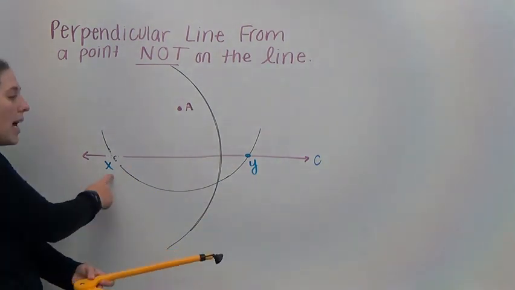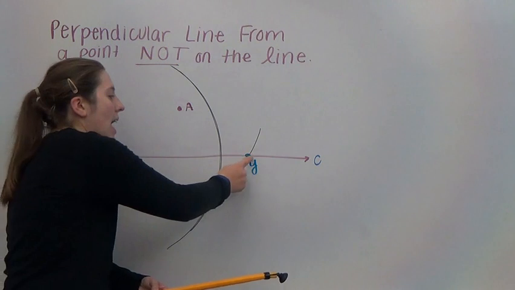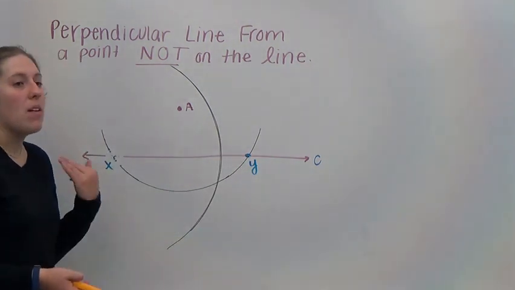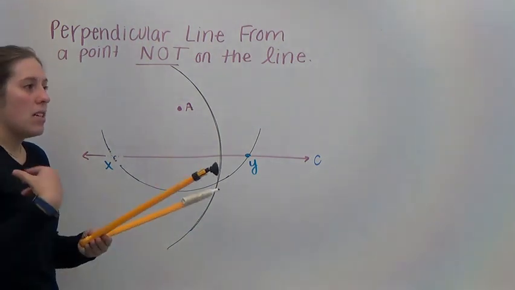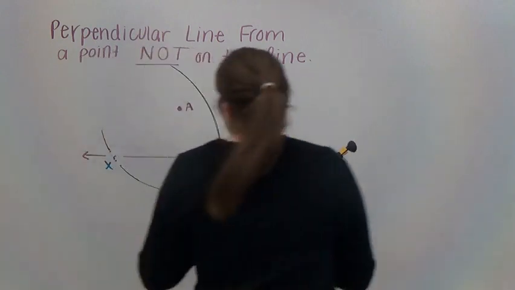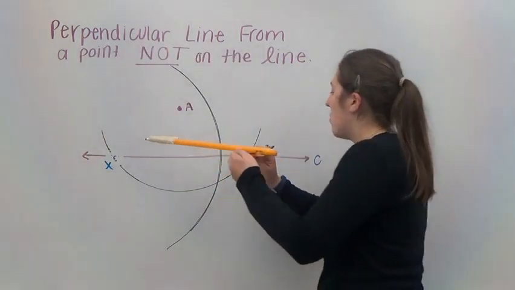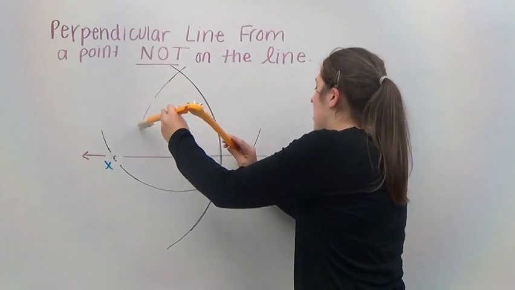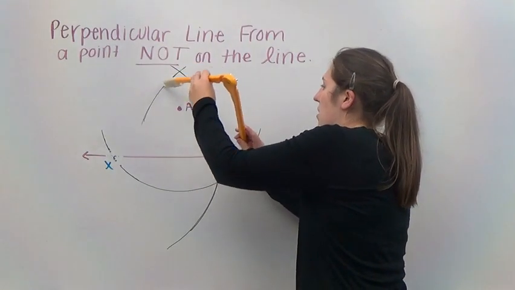Now, I did it from X, so what other point do I have? I have point Y. So all you're going to do is the same thing. When you do these constructions, you're seeing this repetitive same thing from each side. So what you're going to do is put your needle point on Y and make that same arc so you can see your arcs touching.